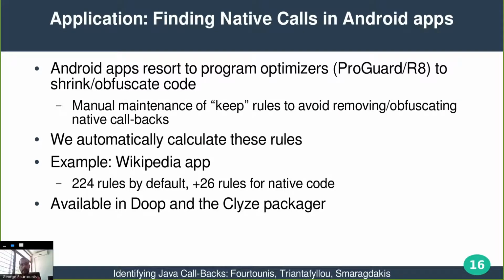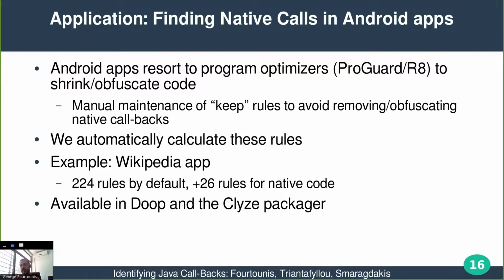Then we build an application. As I said in the introduction, Android application development has a problem with native callbacks. In Android development, you often have to obfuscate or shrink your application so that it can be distributed via the Play Store. The two most common program optimizers are ProGuard and R8, with some specific syntax.